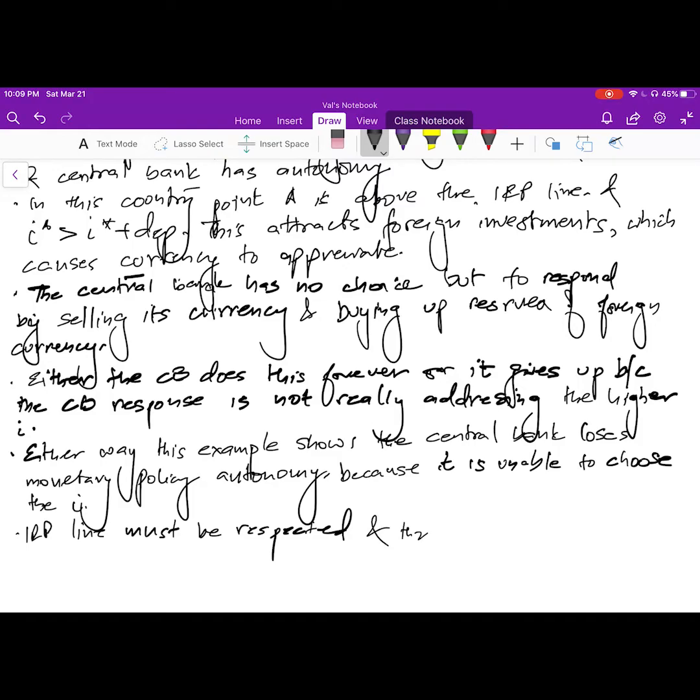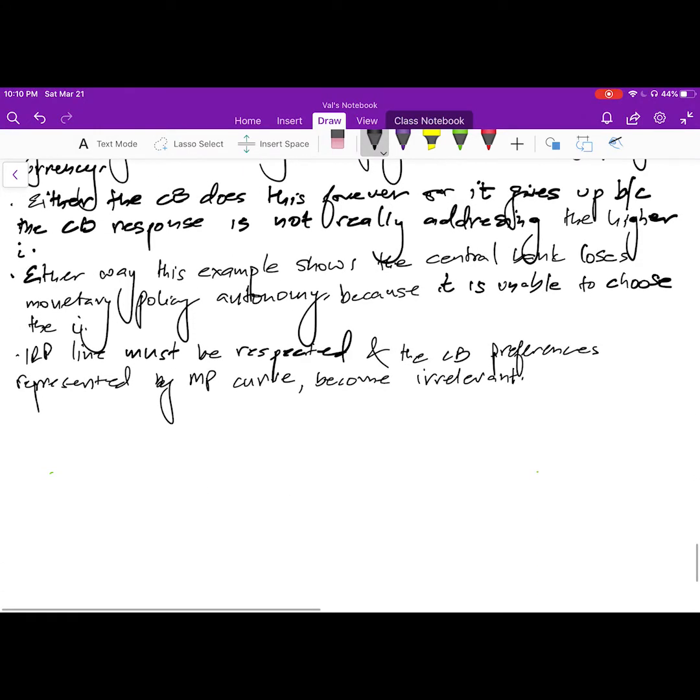And the central bank preferences represented by the MP curve become irrelevant.